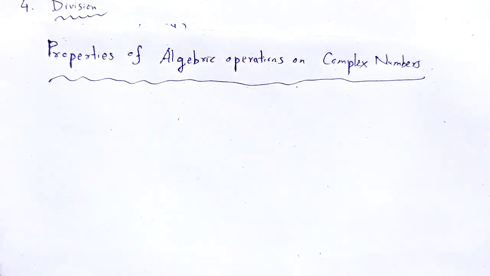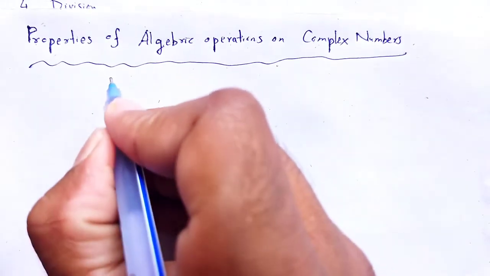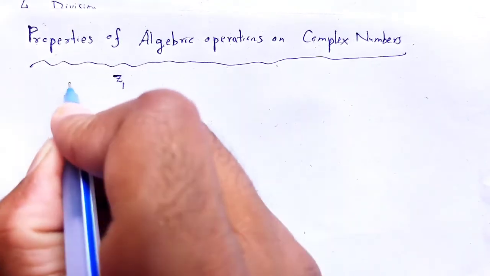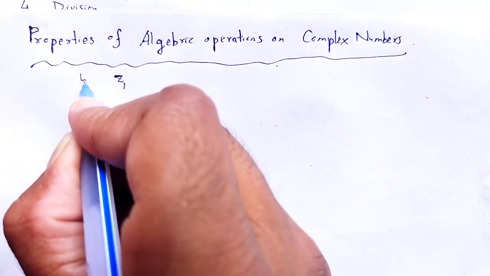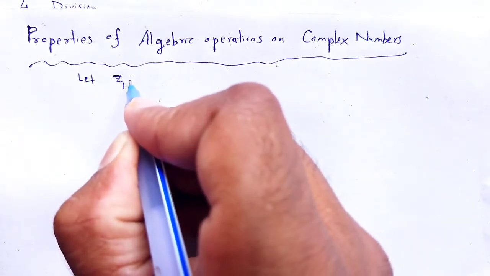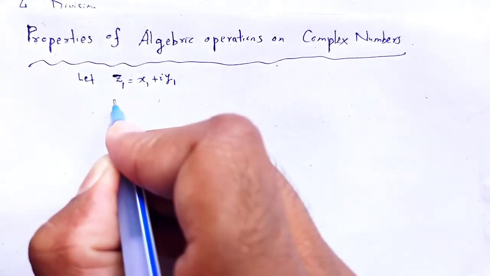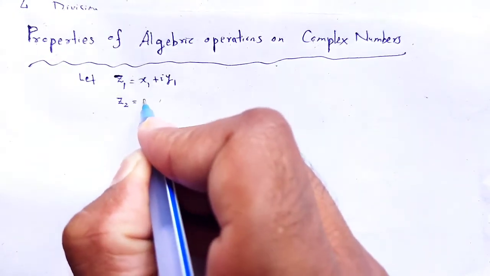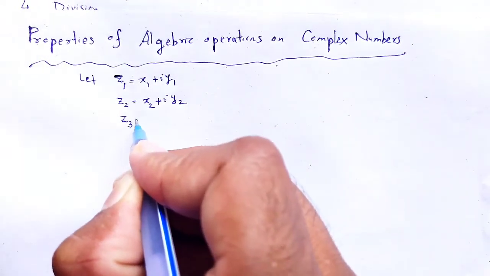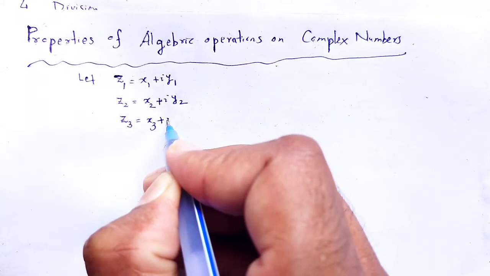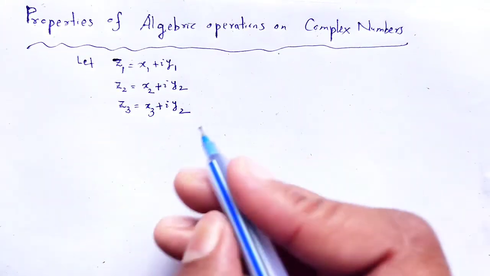Let us consider three complex numbers: z1 equal to x1 plus iy1, z2 as x2 plus iy2, and z3 as x3 plus iy3.